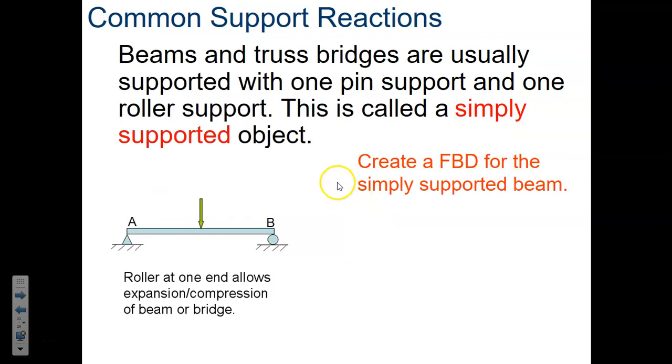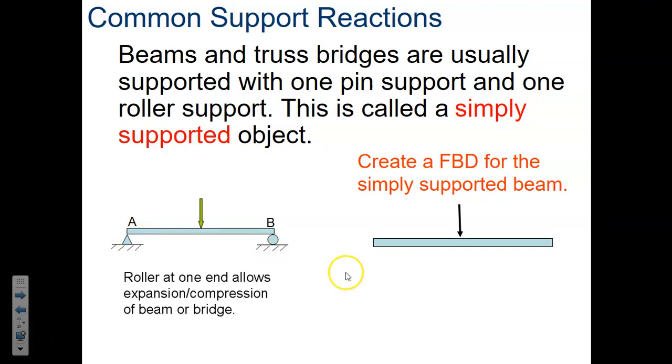So bridges and trusses are often supported with one pin support and one roller support. This is called a simply supported object. Create a free body diagram for a simply supported object. So if we look at pin connection A, we're going to replace that with two reaction forces.